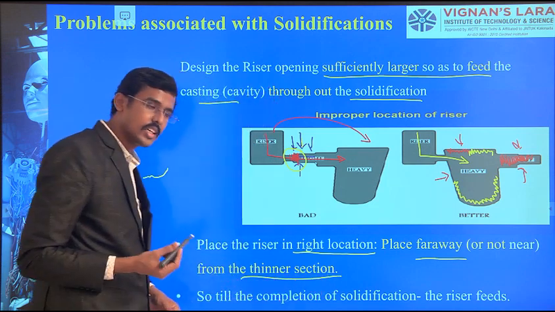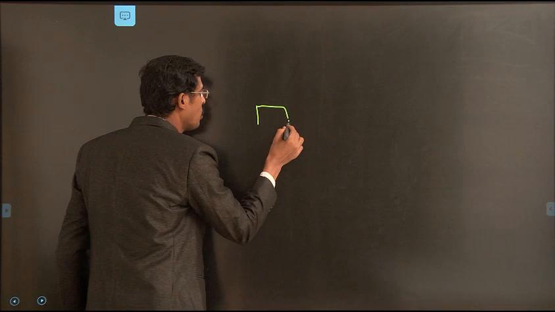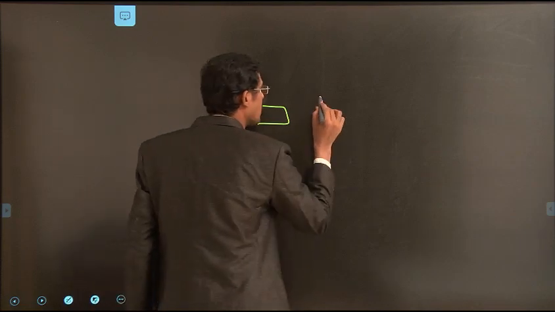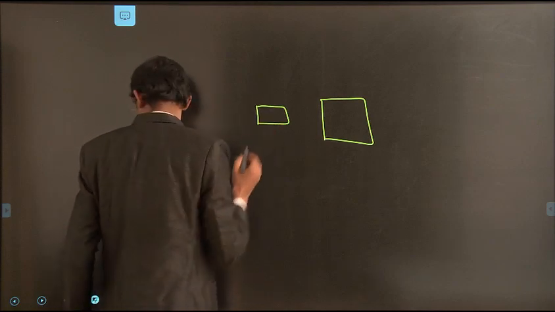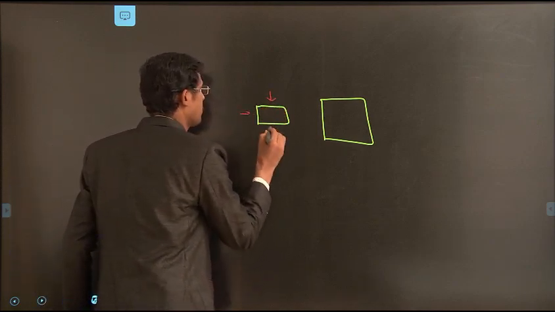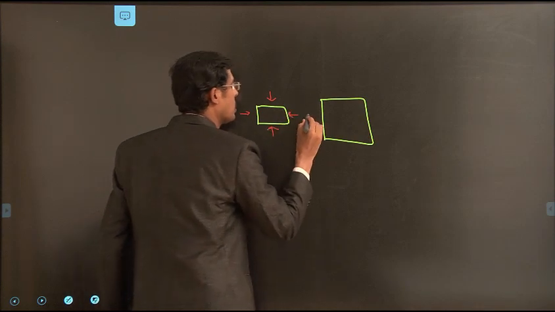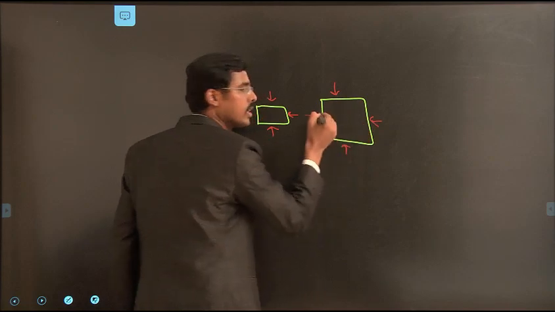Why? We consider a small object here and a large object here. In both cases there is air contact, and the circulation of air is absorbed by the specimen.